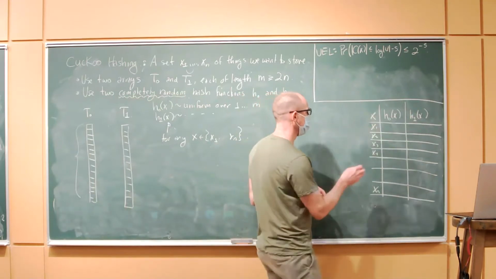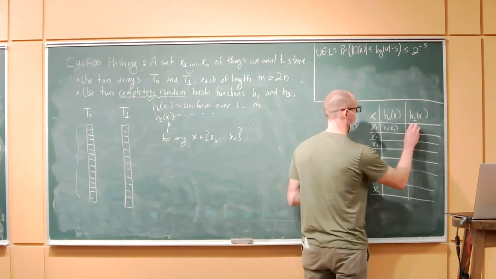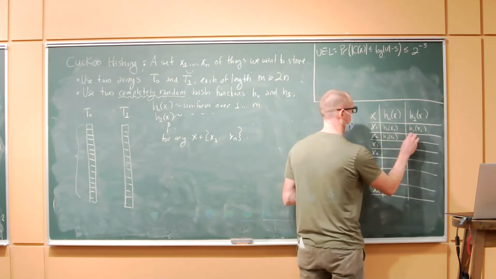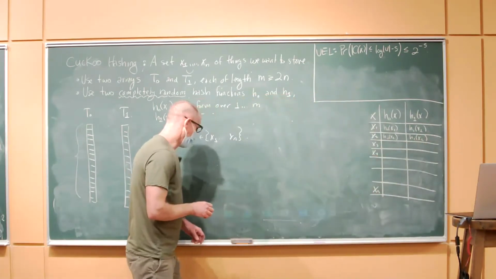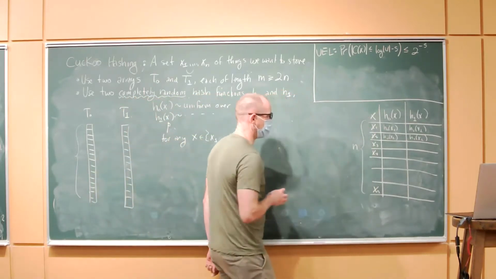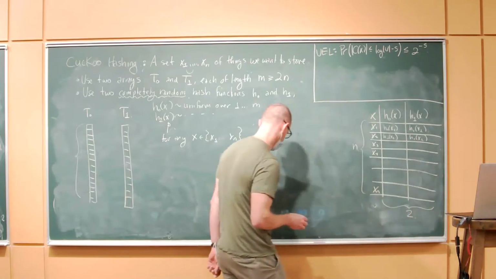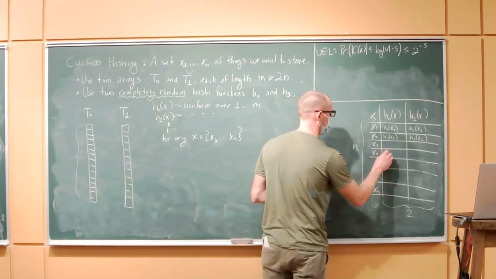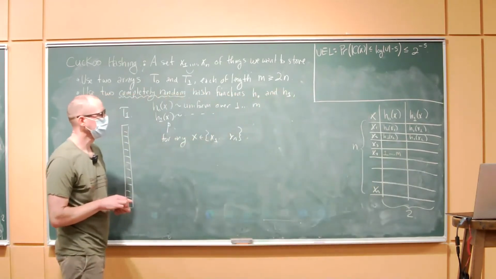So at this location, I would write whatever the value is of h0 of x1. And here's h1 of x1. Here's h0 of x2. Here's h1 of x2. And so on. Now, this is a table with n rows, 2 columns, and the entries here, these are integers in the set 1 through m. Okay.